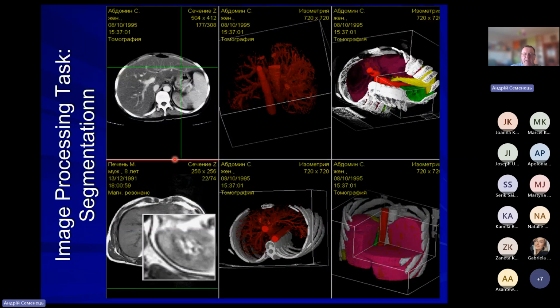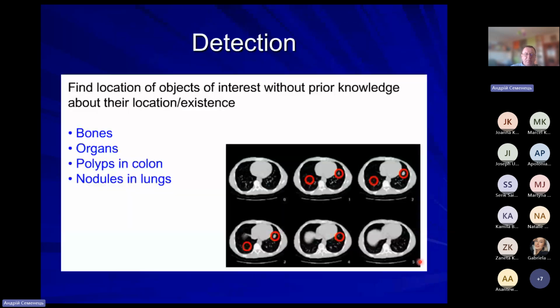So what are the capabilities of this approach? It's to create an image like this, to separate specific organ tissues and create their combination from the original image and get something like this.